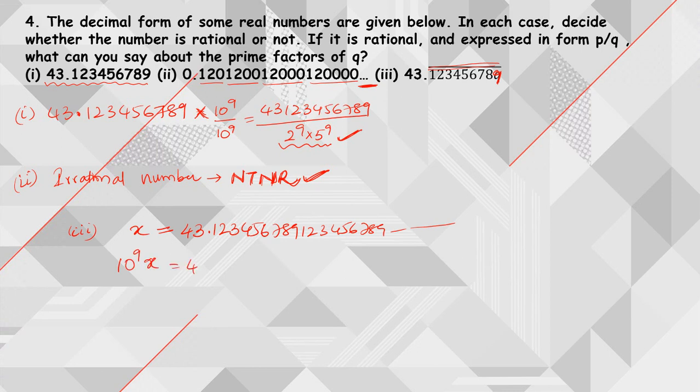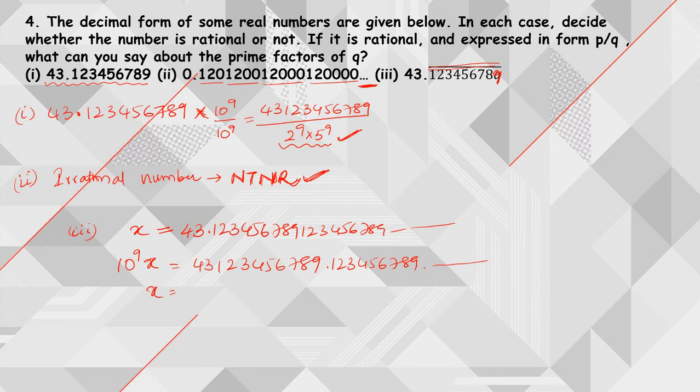When I multiply by 10 power 9, this becomes 43123456789.123456789 and so on.